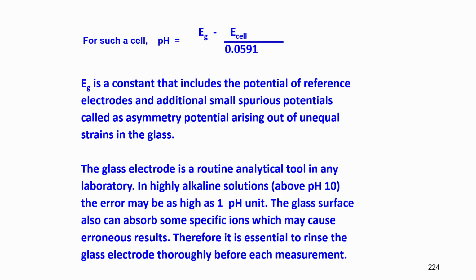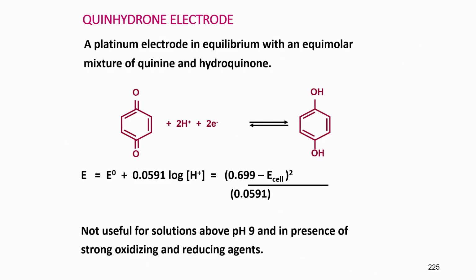Therefore, it is essential to use buffers for standardization, and every time you use a buffer you have to wash the electrode a number of times to make it memory independent. It should not remember the previous measurement. So, that is about the glass electrode.